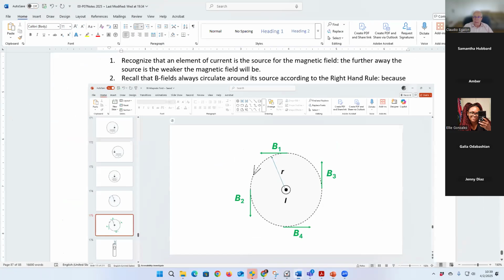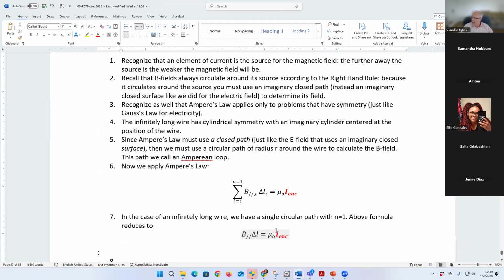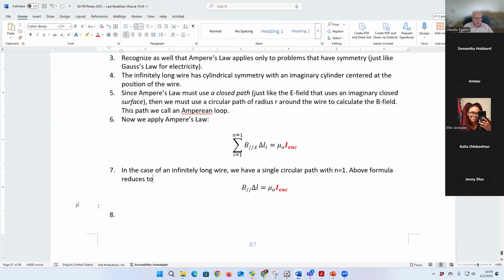Okay? And then what we're going to do, from item 2 above, we found that B is tangent to the path, so the magnetic field coincides with the magnetic field that's parallel, tangent to the path.